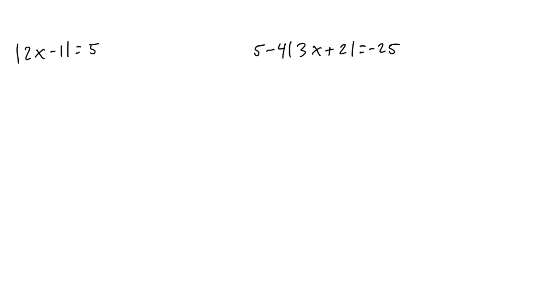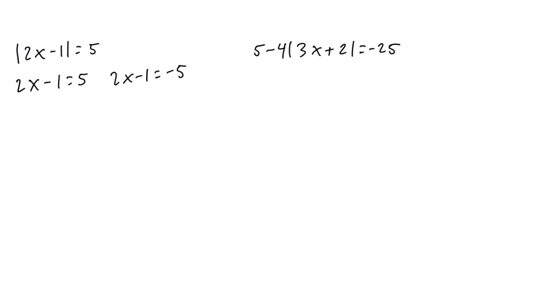One of these equations is going to be 2x minus 1 equals 5, and the other equation will be 2x minus 1 equals negative 5.